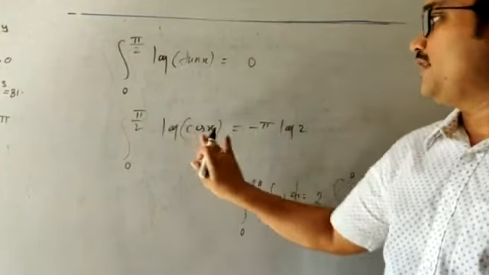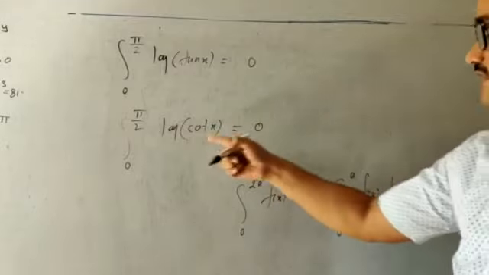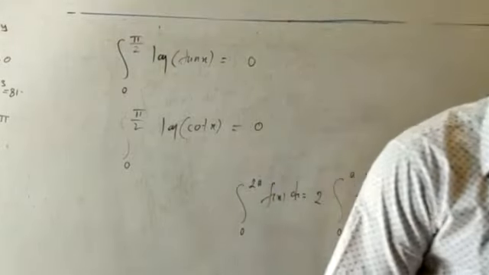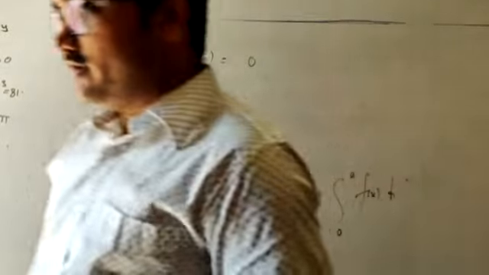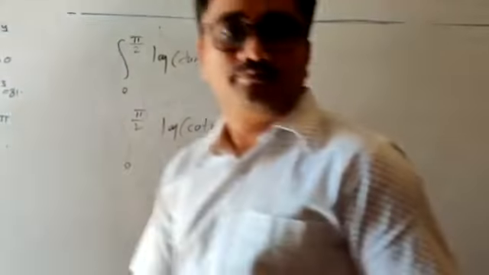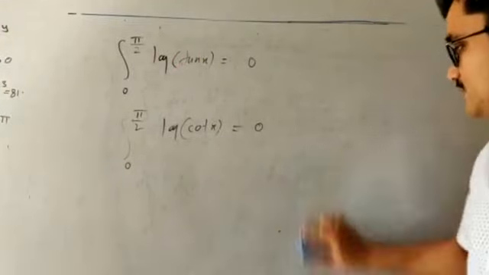And if it is 0 to pi by 2, log of cot x, then this will also be 0. There is a question in my questionnaire where I explain this. So remember these 4, these are the important ones to be used in different questions. Let us move ahead into the next part.